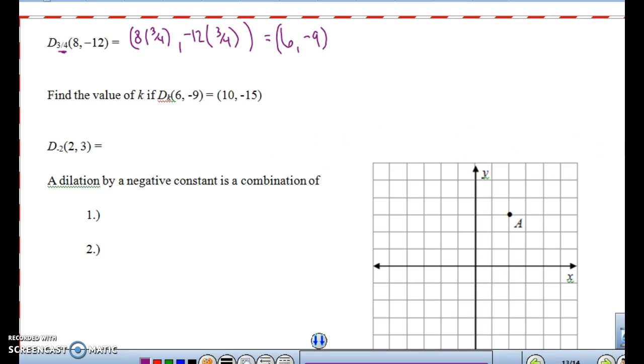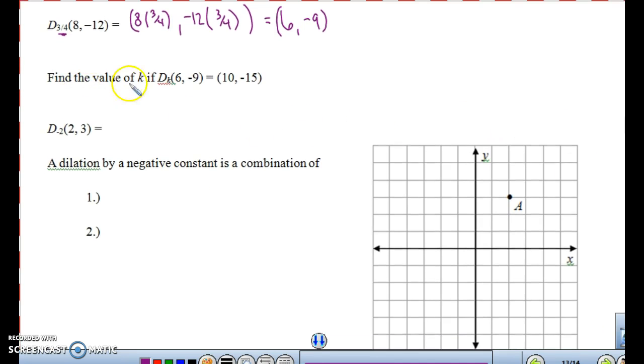All right, now that we know that, find the value of k if D of k of (6, -9) becomes (10, -15). All right, now remember, to get each of the coordinates, all you had to do was take the first coordinate, multiply it by k, and you get the second coordinate. You get the image. So, if I use the x-coordinate, it would be 6 times k should equal 10. Well, if I solve that for k, I get k is equal to 5/3.